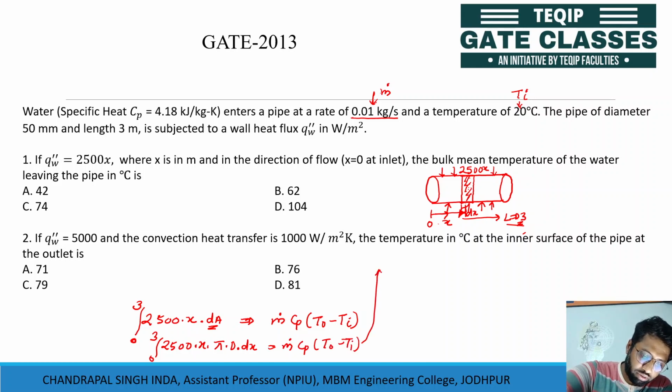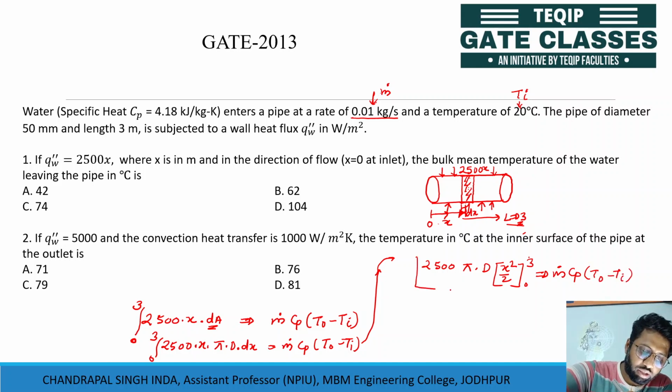So let's solve this equation. 2500 is constant, pi is constant, diameter is constant, and the integral of x dx will be x square by 2, from 0 to 3, that will be equal to mass flow rate into specific heat into T outlet minus T inlet. So let's find the value of T outlet. This is the outlet temperature of the water.